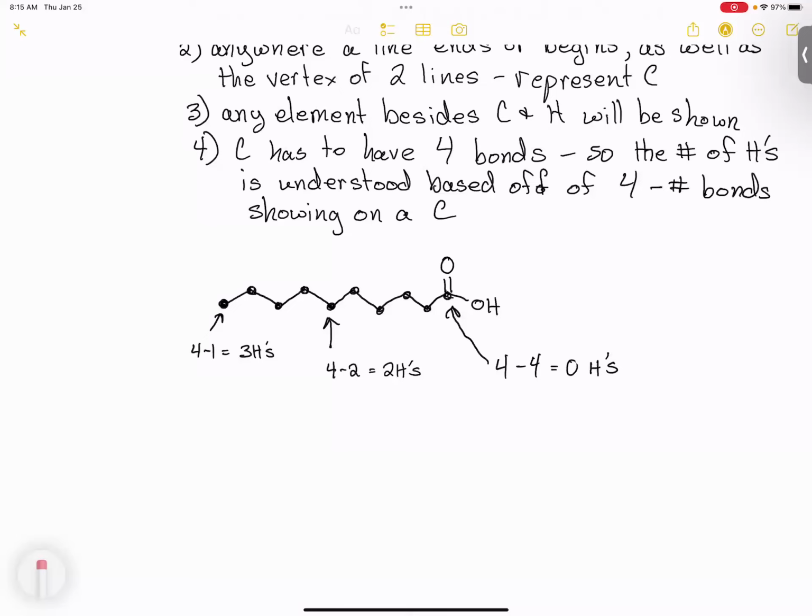Other questions? I might be getting ahead of myself, but what would the name of that molecule be? This is octanoic acid. It may also have a generic name, but I can't remember the generic name right off the top of my head.